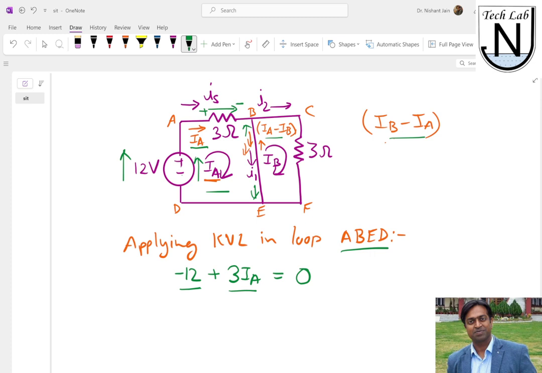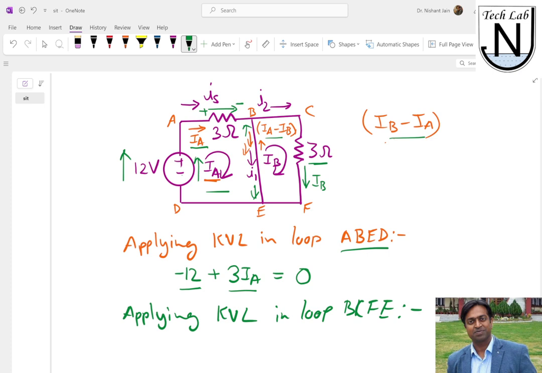And now we apply KVL in loop B, C, F, E. Now over here in this loop we have only one resistance, that is this 3 ohm, and the current direction over here is this, which is IB, right?